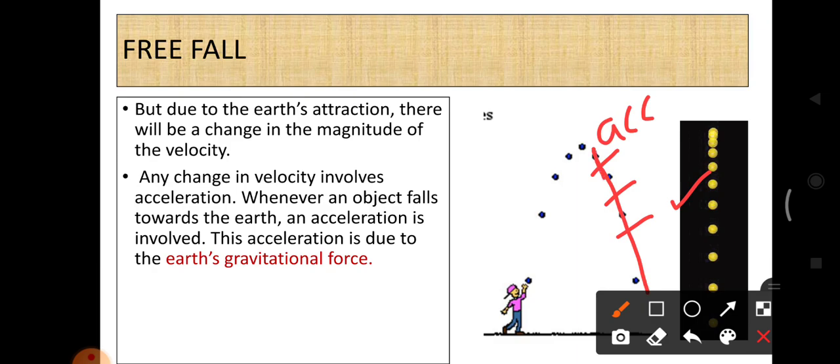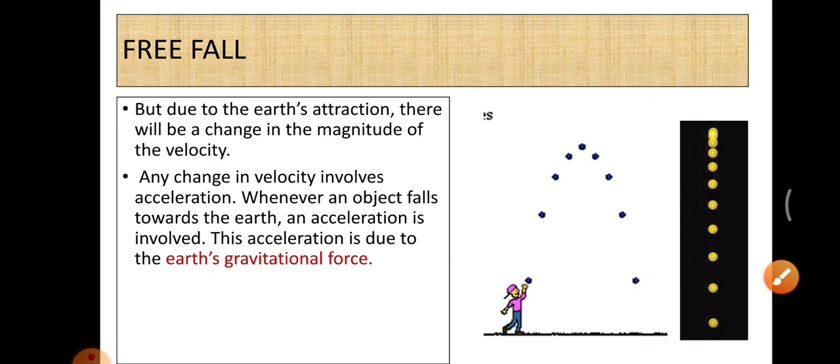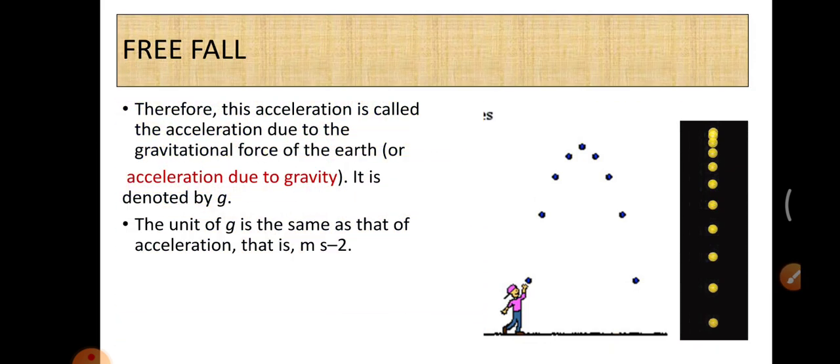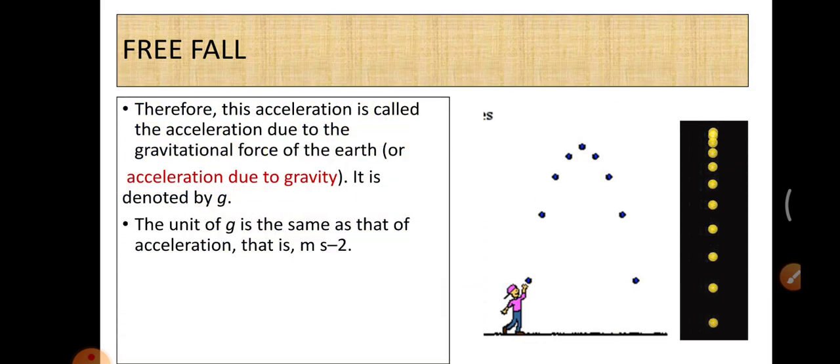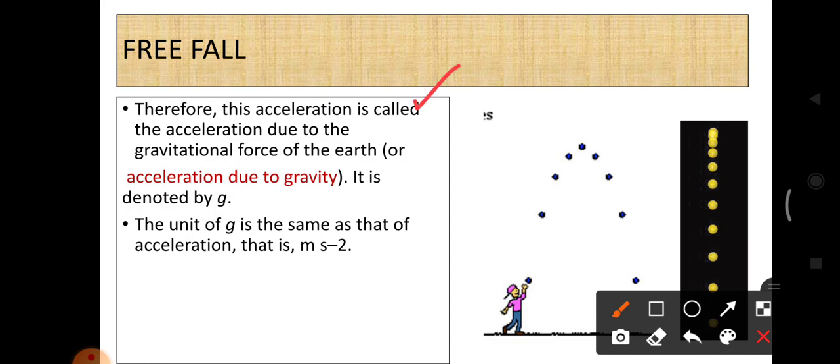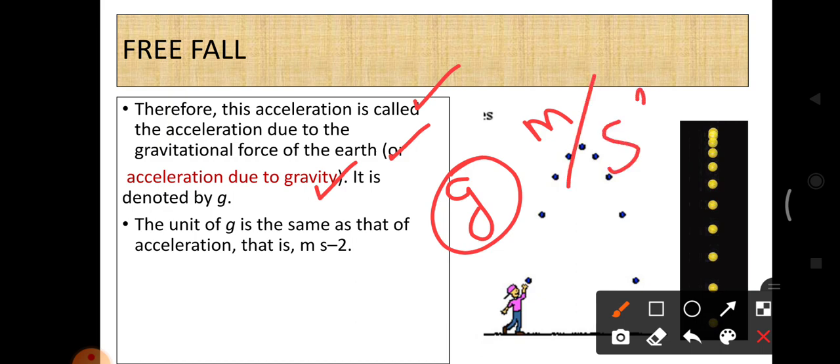Because due to the gravitational force alone, this object accelerated. Therefore, this acceleration is called the acceleration due to the gravitational force of the earth. It is represented by the small letter g, and the unit of this is meter per second squared.